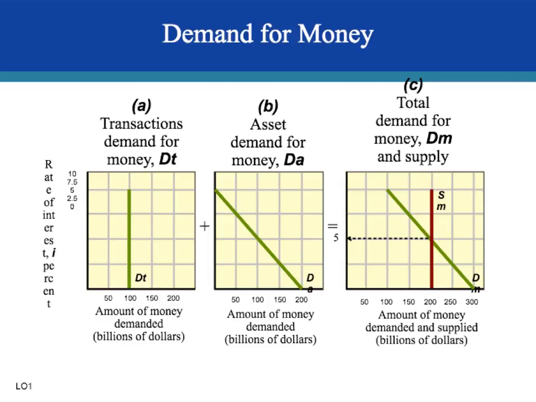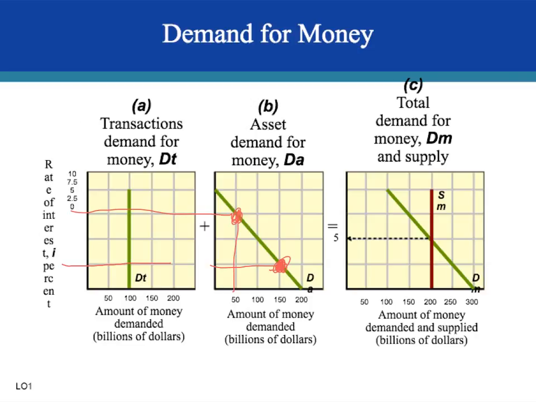Asset demand for money does depend on the interest rate, because this shows how much money you demand in order to buy assets. Okay, so at lower interest rates, for example, a household would demand to hold more of their money as cash than at, let's say, higher interest rates.